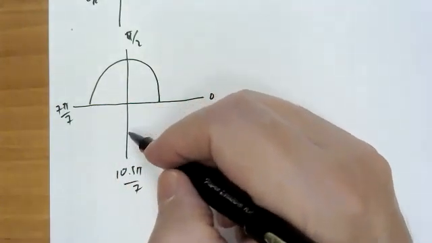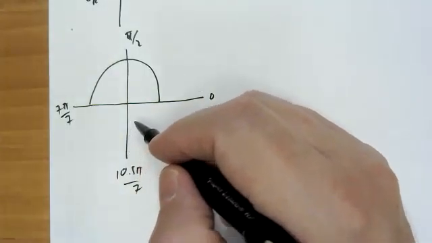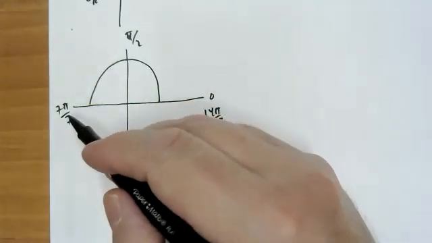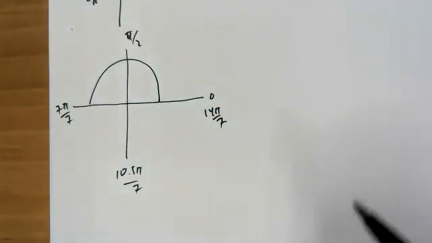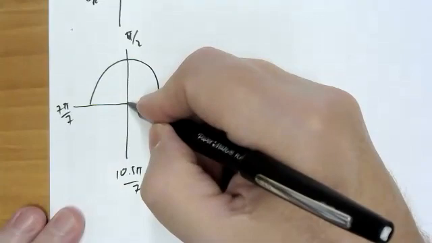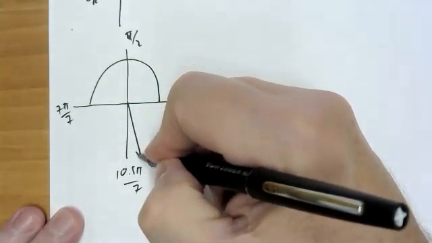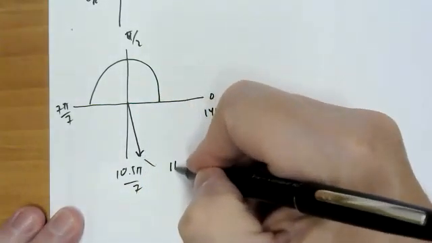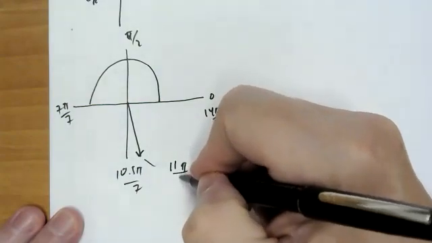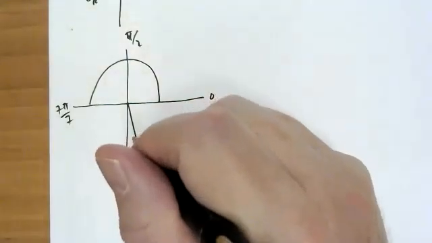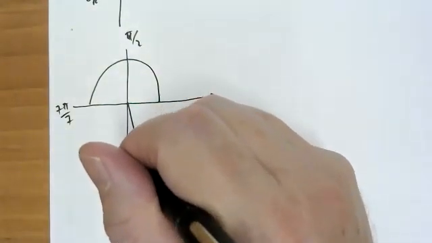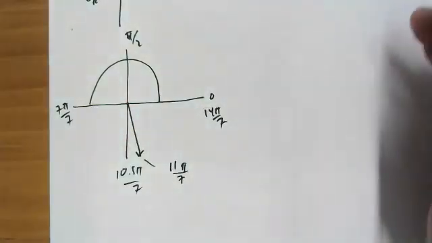Half of that would be 3.5 pi over 7. So this angle here, if I add 3.5 to 7, I get 10.5 pi. So therefore, 11 pi over 7 is right about here. Now this definitely, this original angle is not in my allowed region.